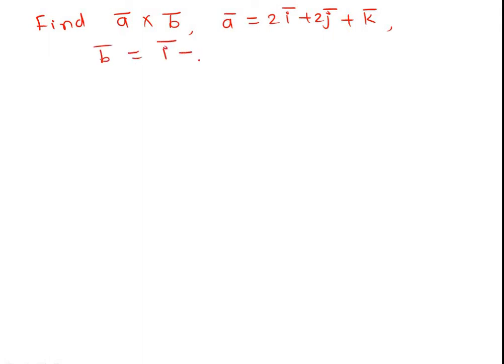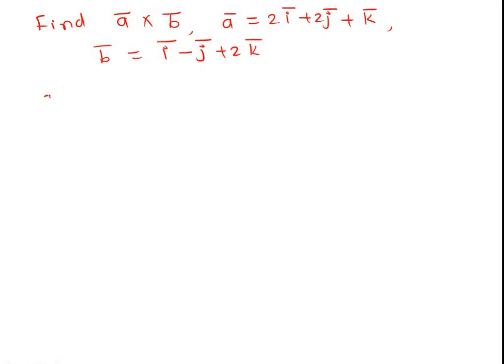Okay, so find A bar cross B bar, where A bar is given as 2i bar plus 2j bar plus k bar, and B bar is equal to i bar minus j bar plus 2k bar.